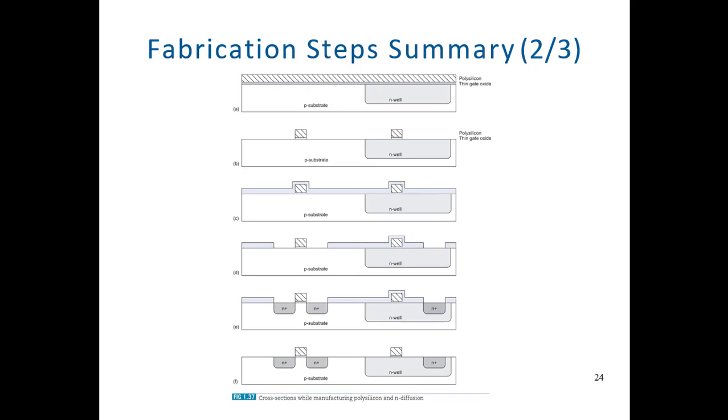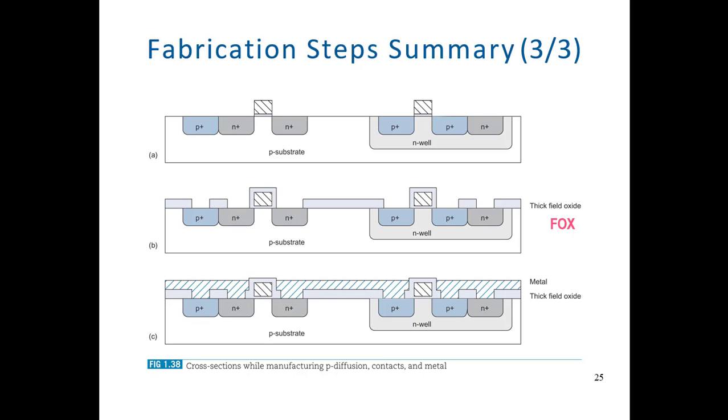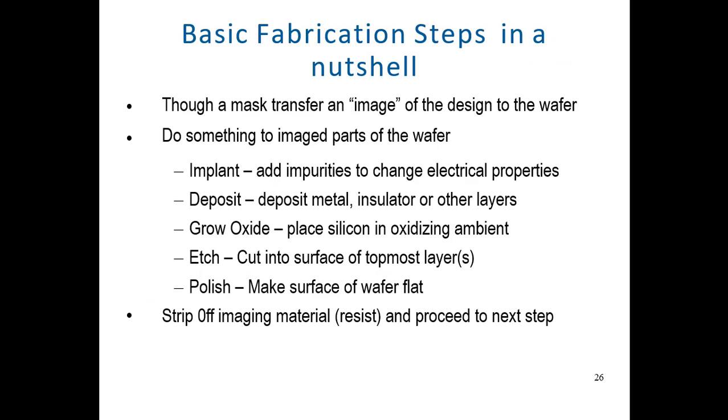And this is again the next slide, which has the whole summary of all the things. Okay, so finally you have this CMOS inverter. This is the final cross-sectional layout. So here is the whole summary of the thing.